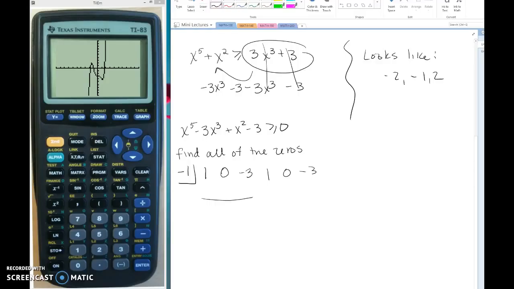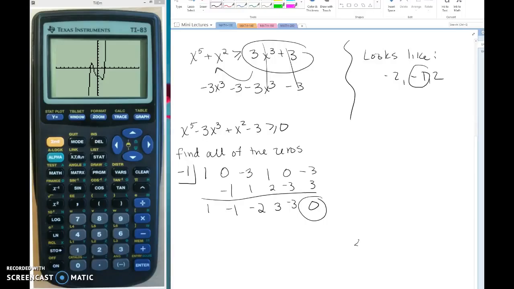Then we'll do synthetic division: 1, -1, -1, 1, -2, 2, 3, -3, -3, 3, 0. What this tells us is, since this was a remainder of 0, -1 is a 0.